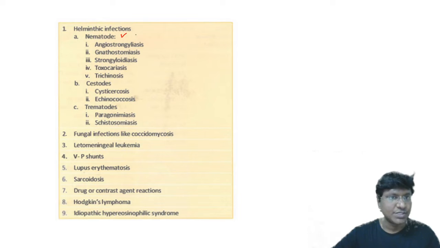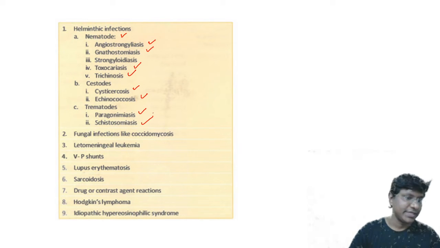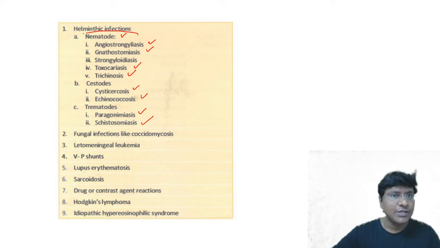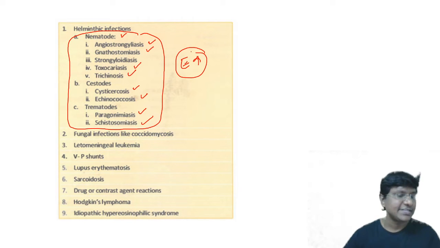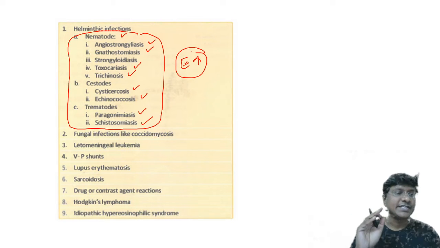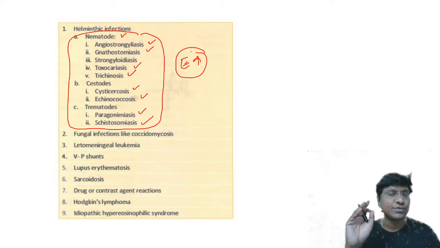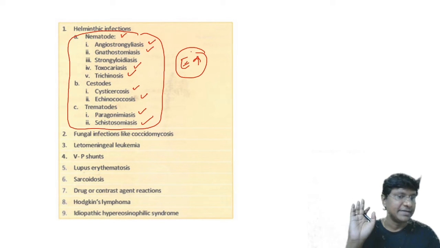Mainly nematodes like angiostrongylosis, gnathostomiasis, toxocariasis, trichinosis, and cestode infections like cysticercosis, echinococcus, and trematode infections like paragonimiasis as well as schistosomiasis. So these are all helminthic infections. The eosinophil count will be increased. We use the word CSF eosinophilia when the eosinophils are more than 10 per cubic millimeter.